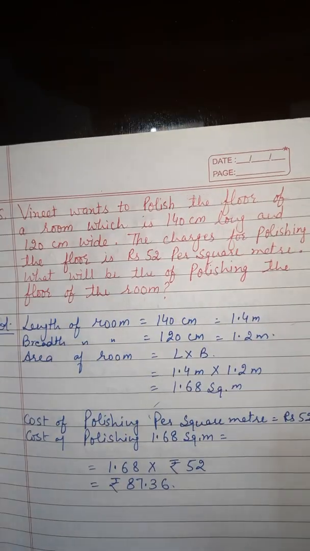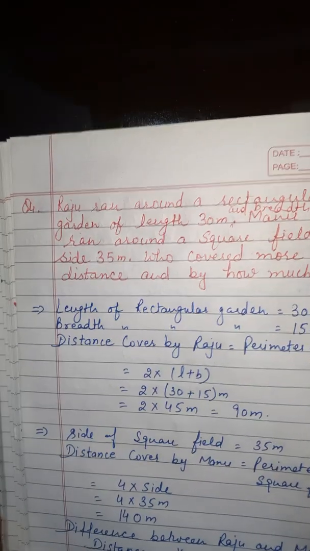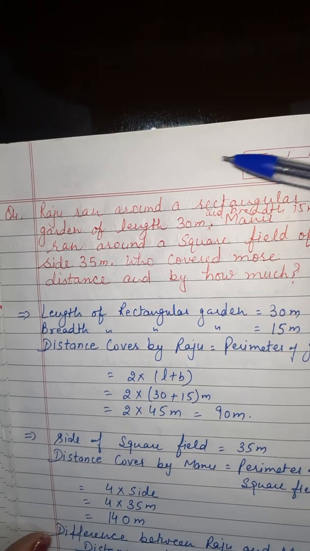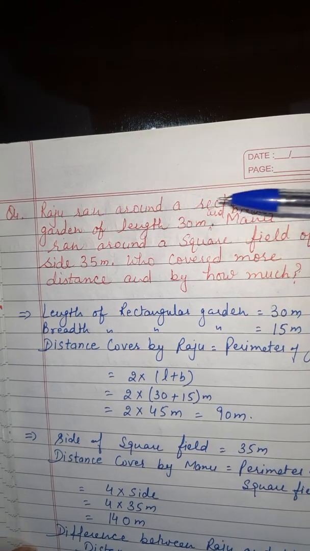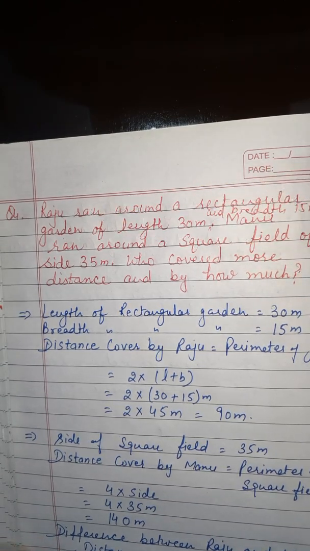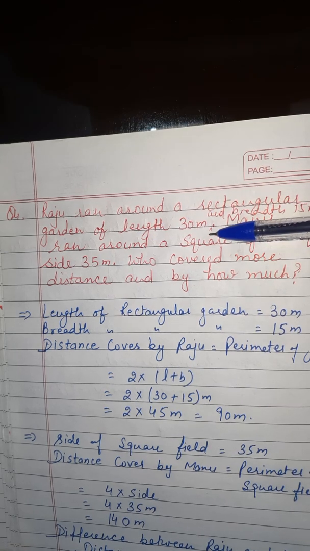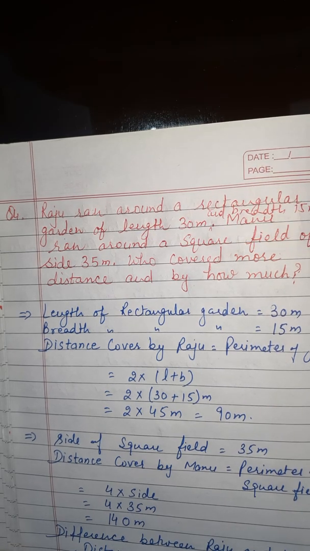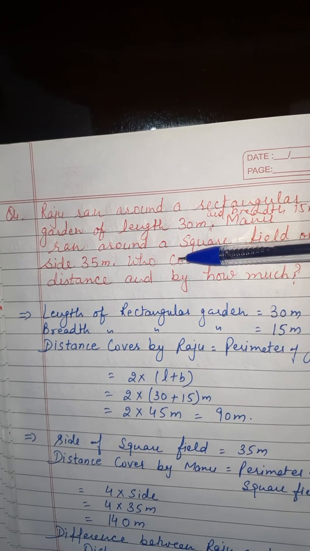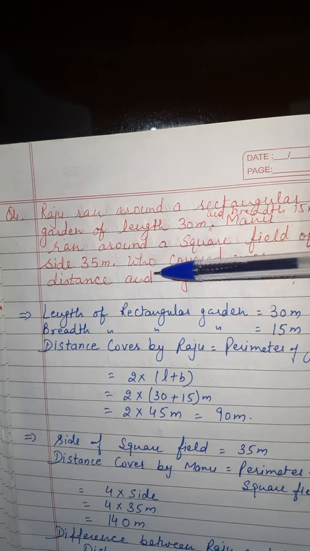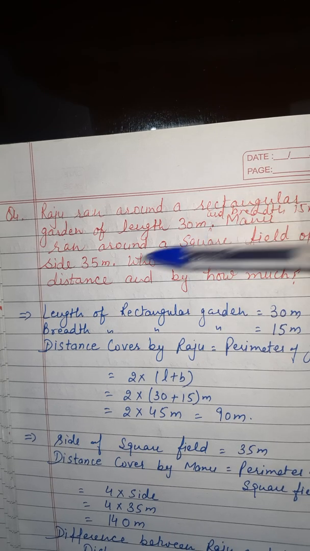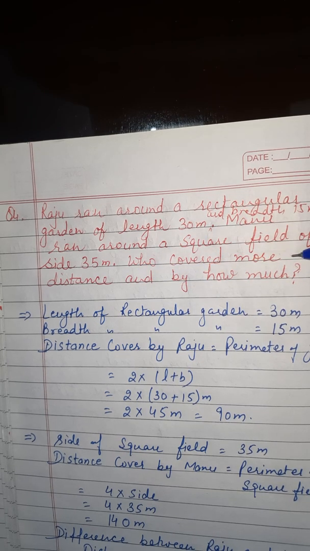Now the next question is: there are two boys, Raju and Manu. Raju ran around a rectangular garden of length 30 meter and breadth 15 meter, and Manu ran around a square field of side 35 meter. Who covered more distance and by how much?